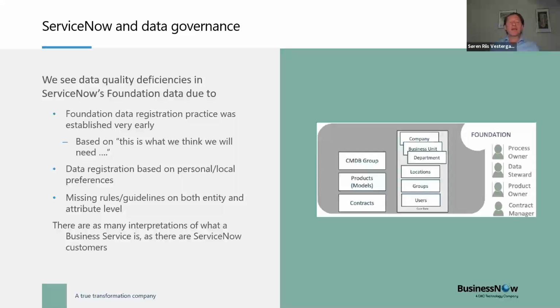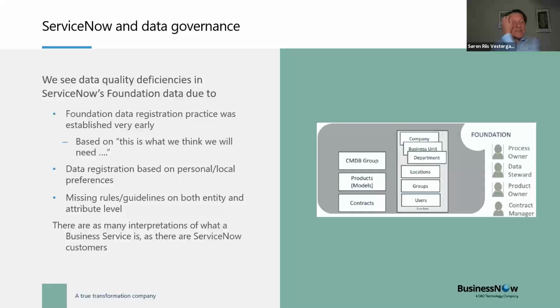Okay, just as an example, the final sentence here in this slide: we see almost as many interpretations of what a business service is as there are ServiceNow customers. So something as fundamental as a business service, in some installations, is something very technical because it was defined by technical people. And this is not moving forward what ServiceNow wants a business service to be.